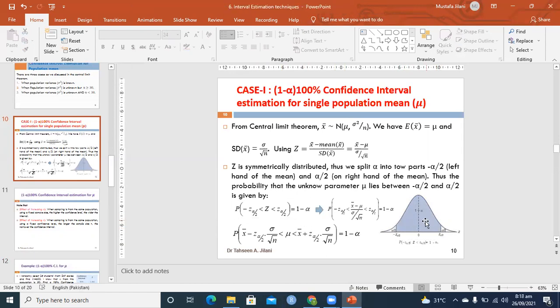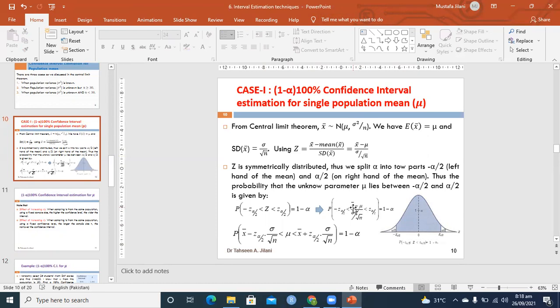Basically this dark region has two boundaries, minus Z alpha by 2 and plus Z alpha by 2. Then I put Z equal to x bar minus mu divided by sigma over root n. Now you have passed calculus, so if I want to solve this inequality only for mu, I have to move sigma over root n to the left and right.